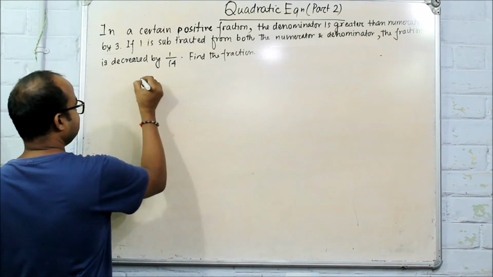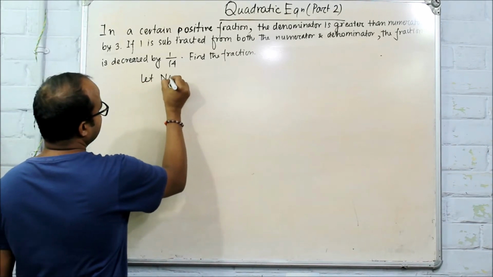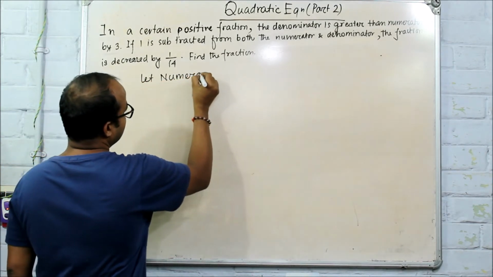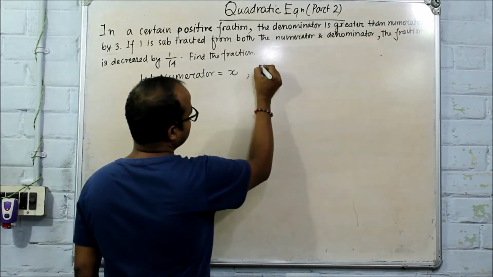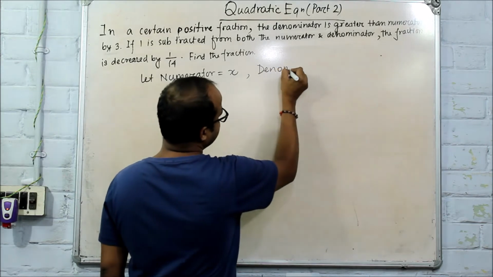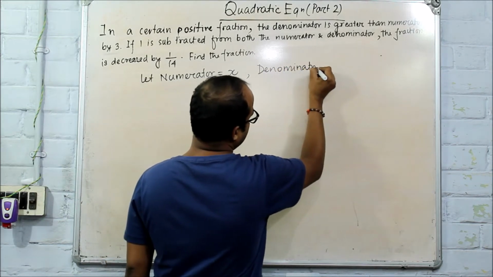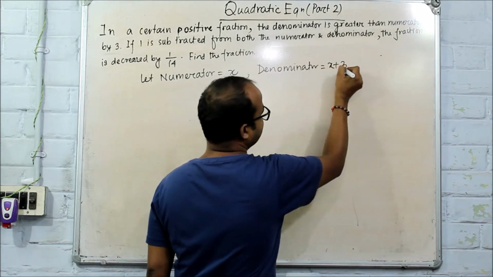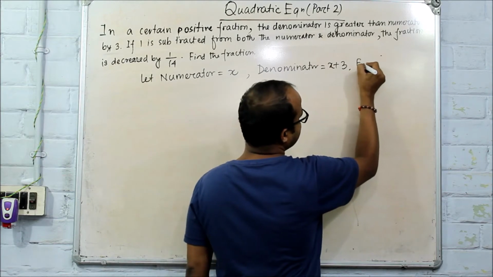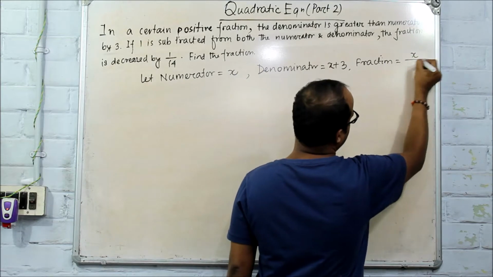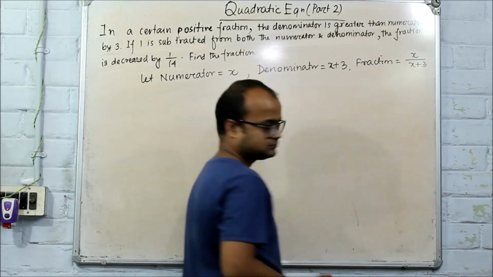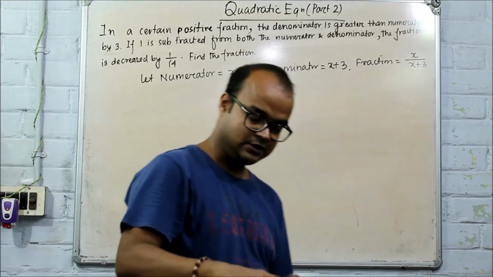So let numerator be equal to x. Therefore, denominator is equal to x plus 3. Therefore, the fraction is equal to x by x plus 3.